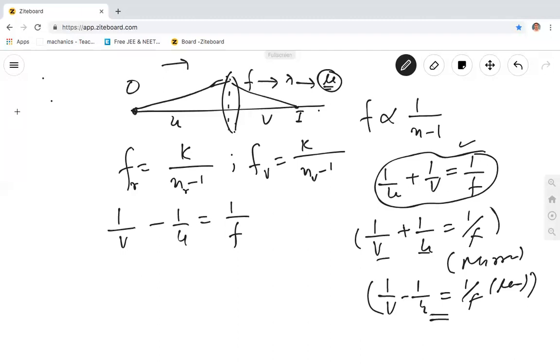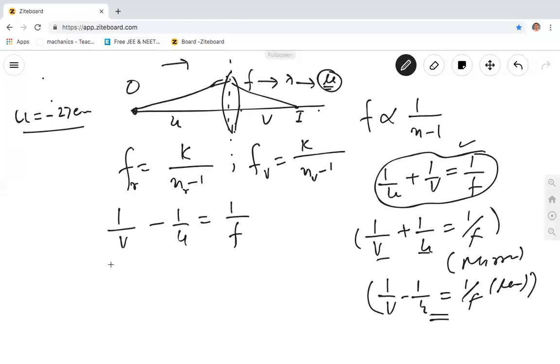So he says u is equal to minus 27 centimeters. u is taken as negative because it is on the left side of the lens system. This distance is negative, this distance is positive, right? And f is positive for a convex lens. That's our convention. Americans take a different convention, and that creates a lot of confusion.